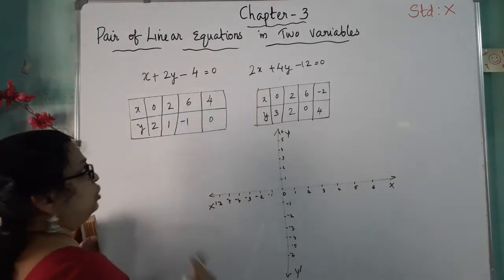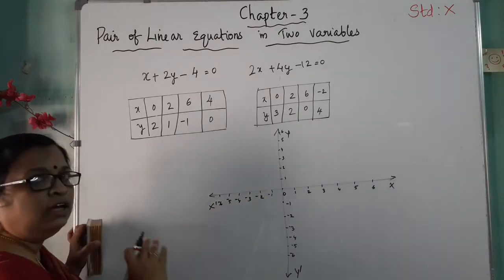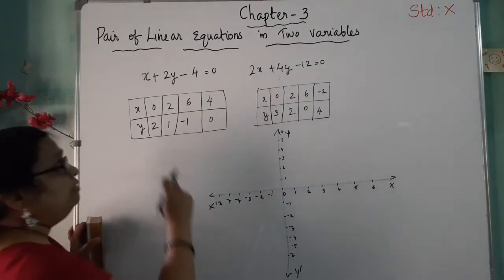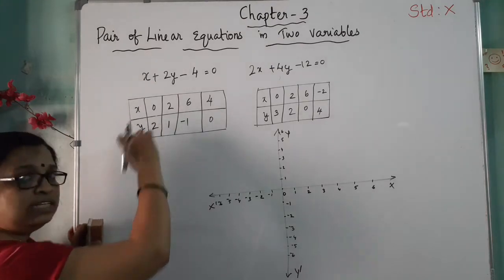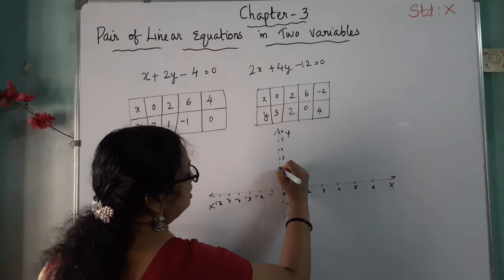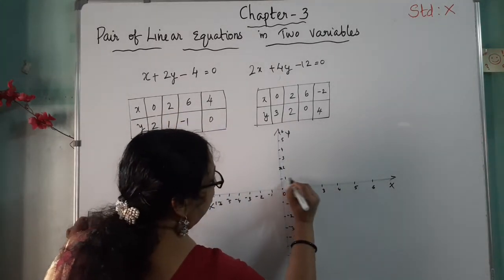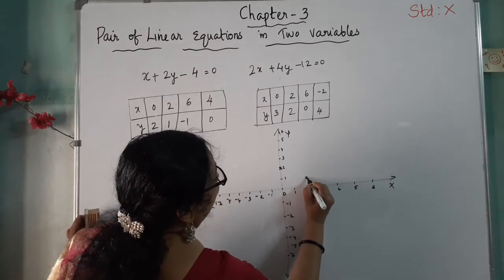Then (0, 2): the x coordinate is 0, so the point lies on the y axis, that is x 0 and y 2, this is the point. Then (2, 1), here 2 and here 1, that is the point.